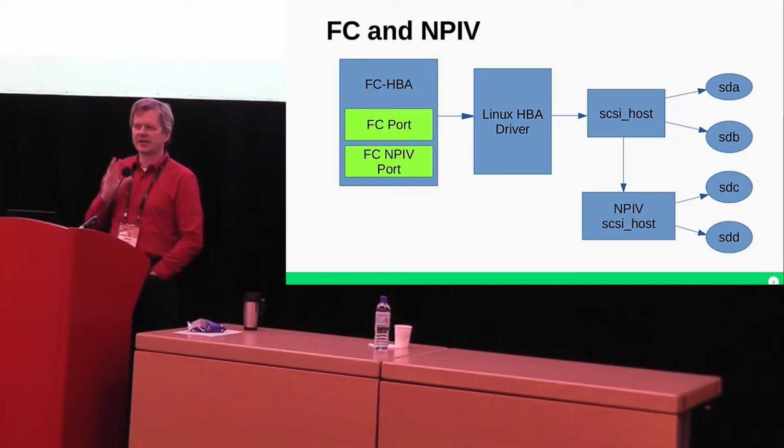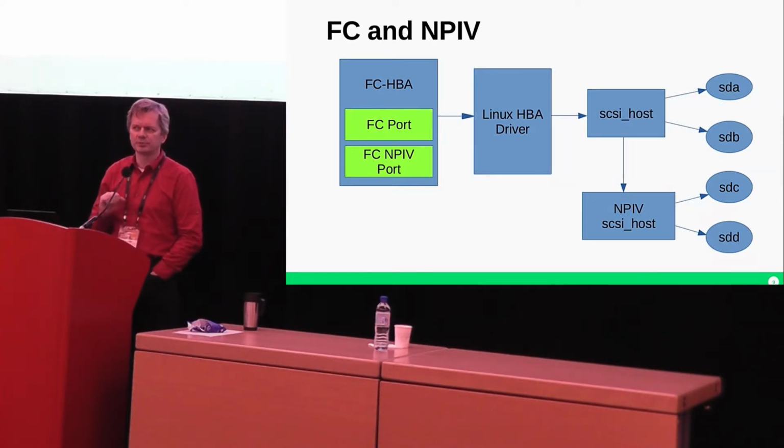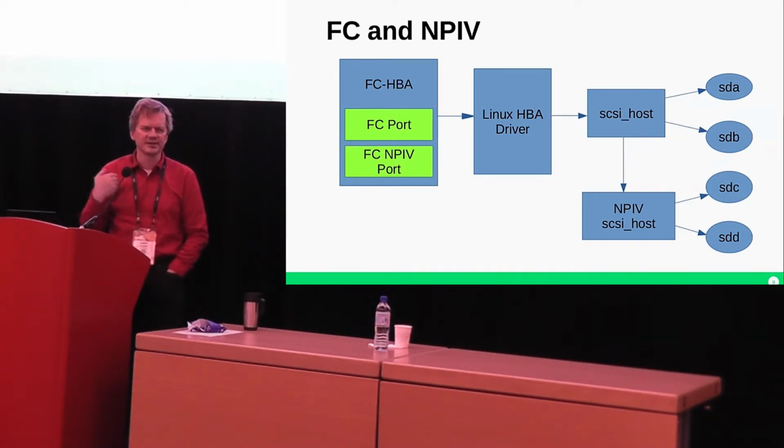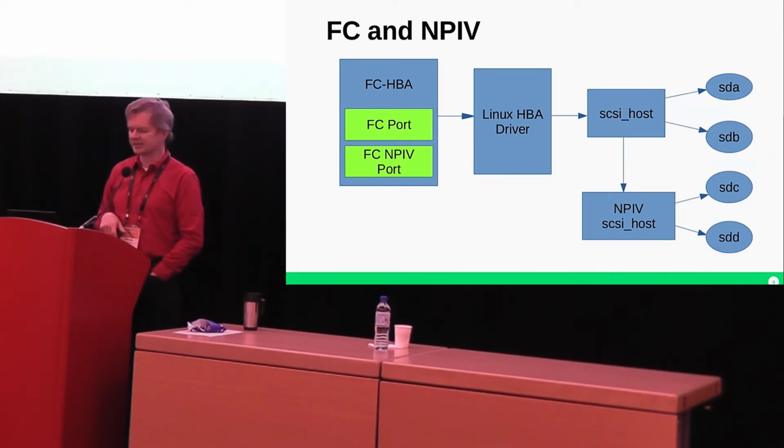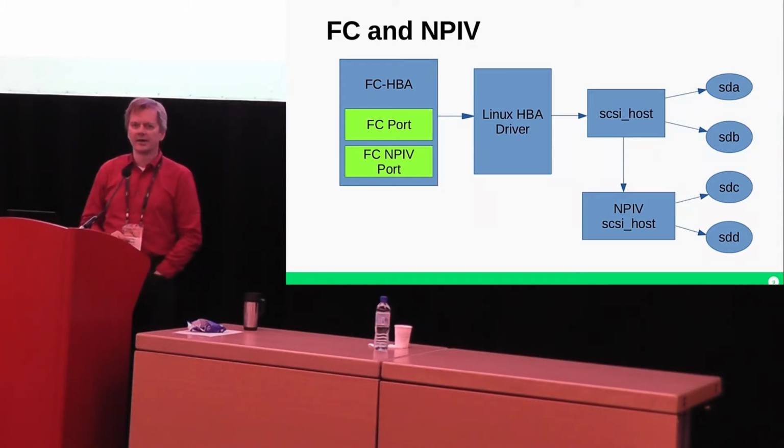And as this HBA driver is that one for the PCI device, we can't really do tricks like VFIO here, because that would mean that we would have several VFIO instances running on the same PCI device, which I have been told is not possible, or not easily possible. And even if you wanted to do so, you still would not modify the driver so that it can handle multiple VFIO instances. So it is not very easy, and actually not something which can be easily done.